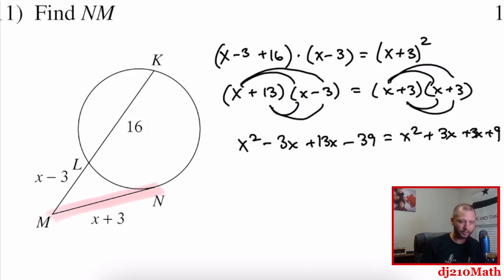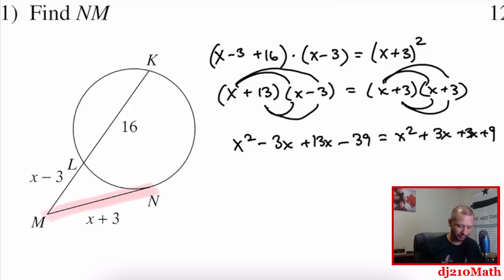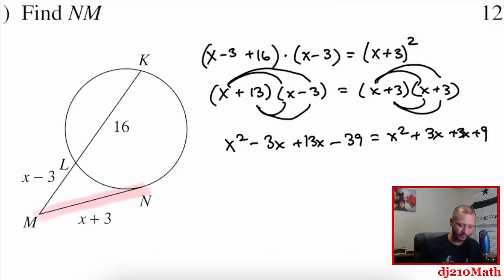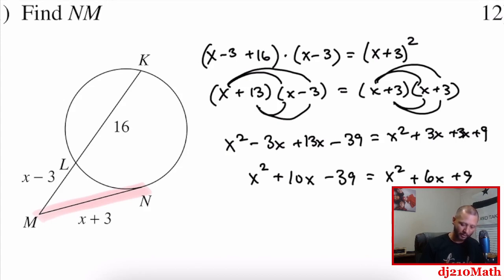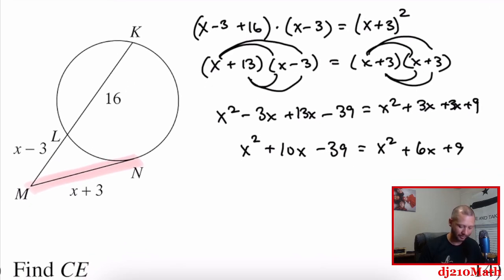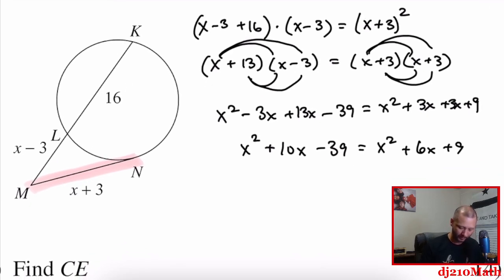So that's just basic FOIL. Combining like terms, this is going to be x squared + 10x - 39 equals x squared + 6x + 9. Okay, moving everything to one side.